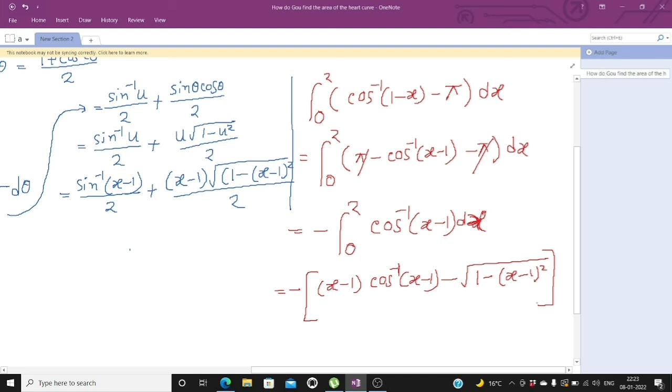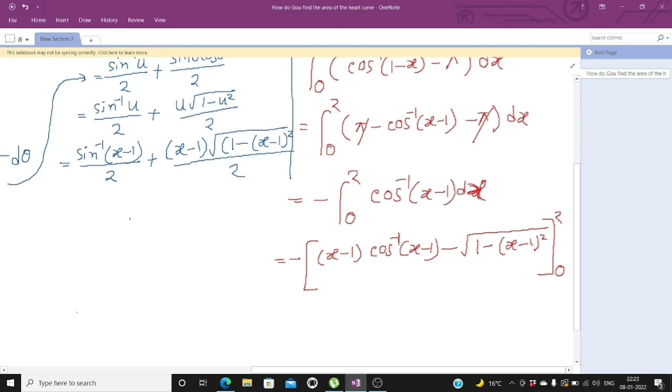Okay, and this is the main part. Now we have to put the limits 2 to 0. If we put the limits 2 to 0, then what can we find? If you look closely, if we put the limit 2, that's 2 minus 1, that is 1, and there is a cos inverse 1, right?